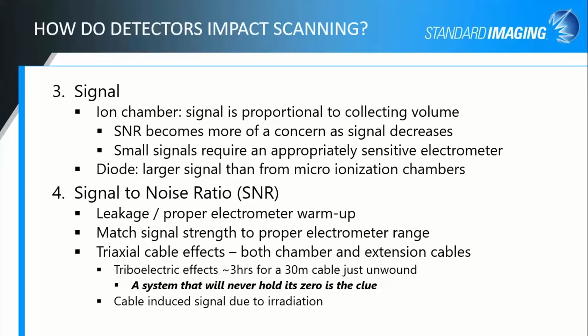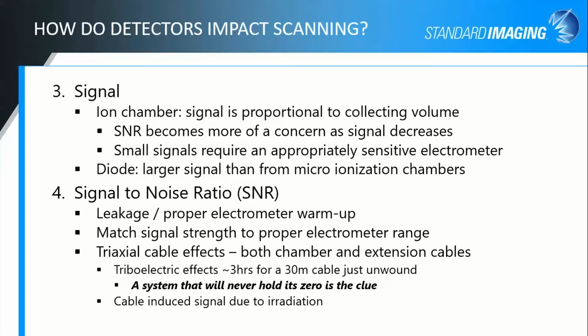If you have a choice of ranges on your scanning electrometer, match the signal strength to the proper electrometer range. Some water tanks are auto range or have a single range, but if there is a choice, make sure it's matched properly.